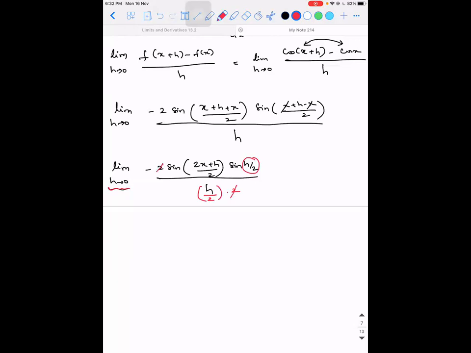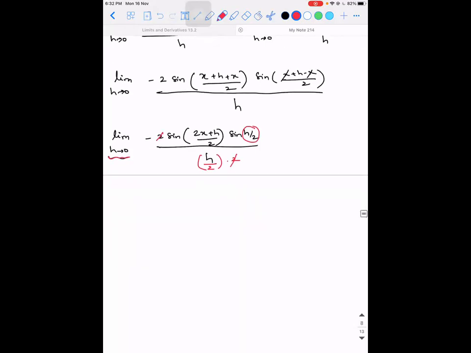So 2 and 2 will get cancelled. Now when you substitute the limit here, what will happen? I wrote an extra step for your understanding. If I substitute the limit, it will be sine 2x divided by 2, and this and this will get cancelled.